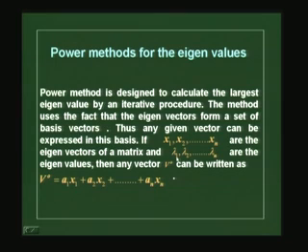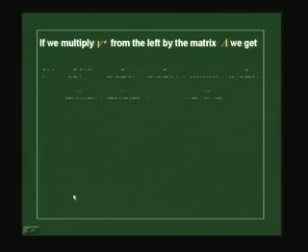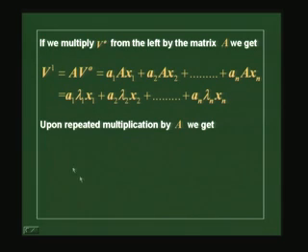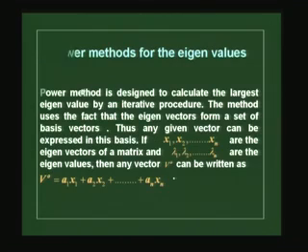Okay. And then we take an arbitrary vector V0 and multiply it by the matrix A. I know V0 can be written as a1 x1 plus a2 x2 plus a3 x3 and so on. We just saw that we can write an arbitrary vector in this form.